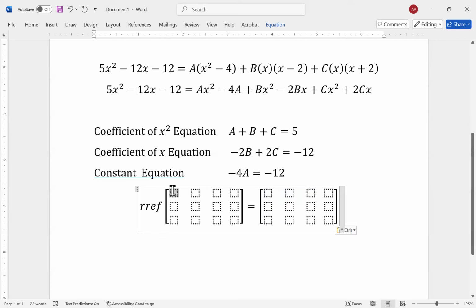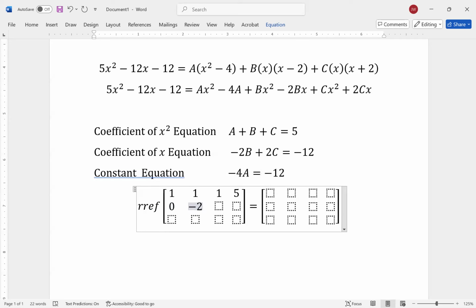The first row, let's set as my coefficient of x squared equation. I'll write A as the first column, B the second, C the third, and then my constant is my last. So I'd get 1, 1, 1. That's A plus B plus C equals 5. My second equation, there's no A, so I'll put a 0 as a coefficient there.